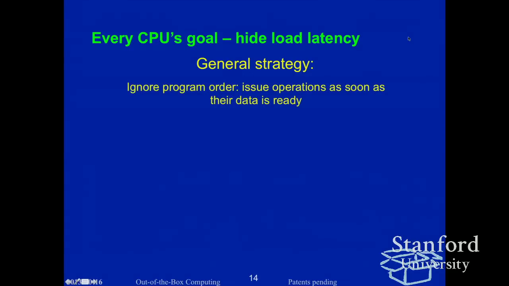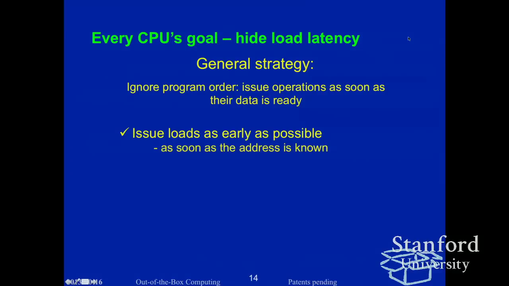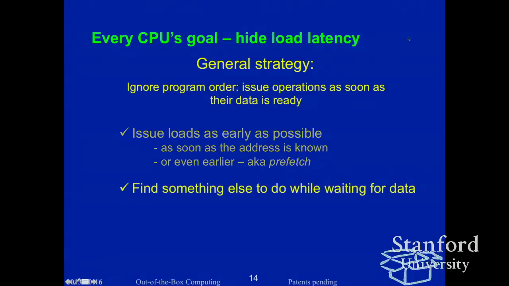You essentially ignore what the program said, and you issue operations as soon as their data is available. You issue loads as early as possible, essentially as soon as the address is known, or even earlier. This is called prefetch.